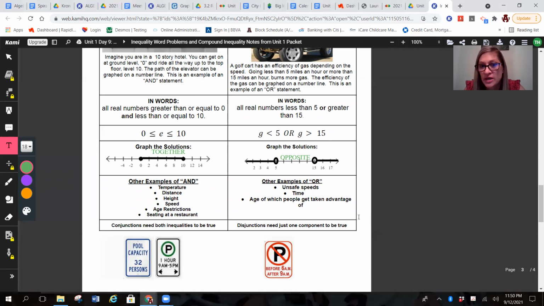That's an or statement. Sometimes time can be an or statement, like the one at the parking here. No parking before 6 a.m. or after 9 a.m. That's when you are not allowed to park. So you would have before 6 a.m. graphed on the left or after 9 graphed on the right.